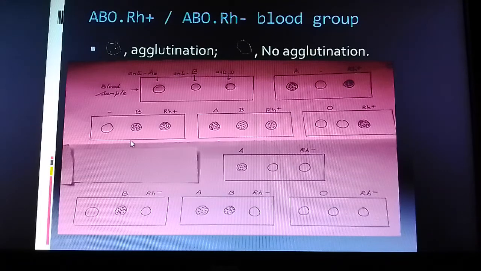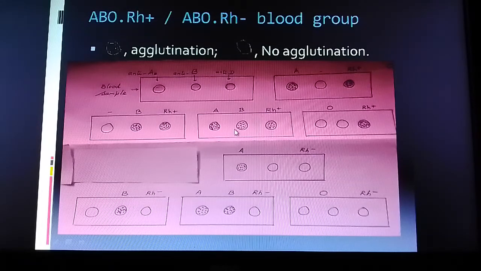Now if the blood group is of B type, there may not be agglutination with the anti-A, and the agglutination may occur with anti-B. If you also find agglutination with the anti-D serum, then you can assume the blood is of B type and RH positive.